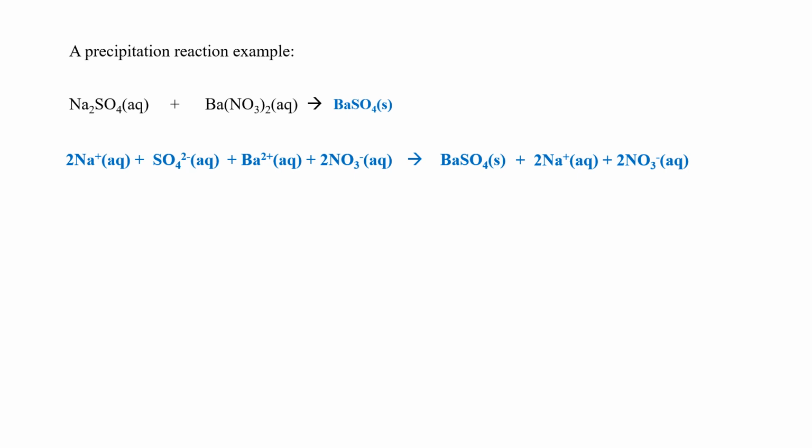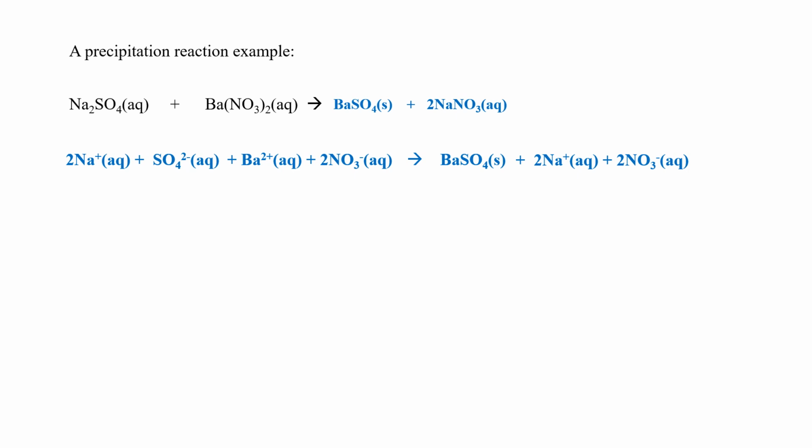The sodium and the nitrate, however, we write together in the molecular equation, with the parenthetical aqueous to show that it's a dissolved substance. Note that that's 2 sodium nitrates because we had 2 sodiums and 2 nitrates. So that completes our molecular equation. The molecular equation is the one on the top. The total ionic equation is the one on the bottom.